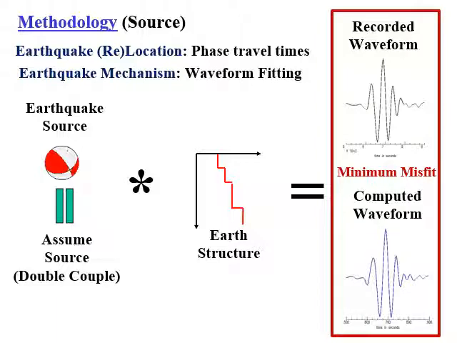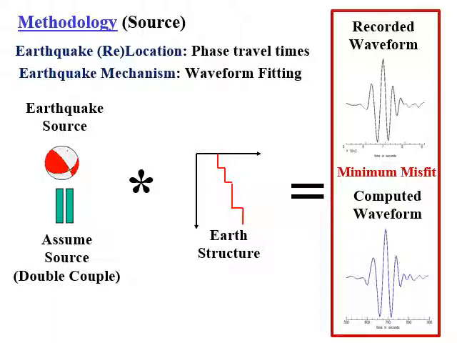This is how the waveform fitting is performed. So we assume a source for the earthquake, convolve it with the earth structure, and then compute a synthetic waveform, and then compare it with the recorded waveform that we have. And if it doesn't fit the recorded waveform, then we keep on iteratively updating the earthquake source to the point where the recorded waveform and the computed waveform actually match each other.